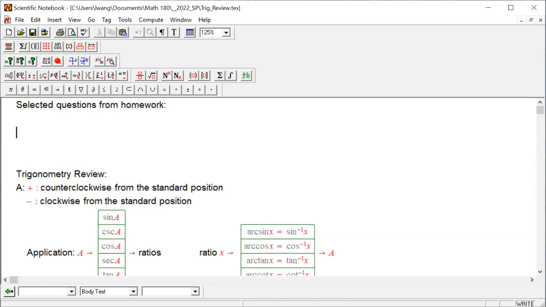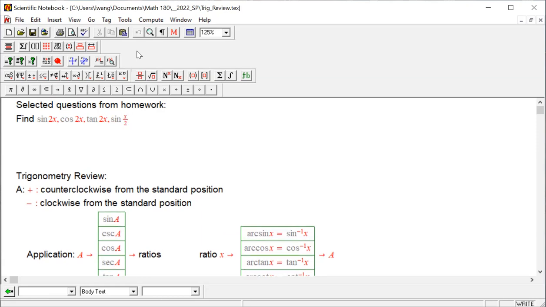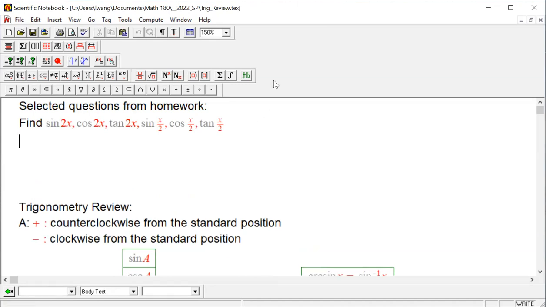The first question I would like to work on is this: we want to find the following: sine 2x, cosine 2x, tangent 2x, sine half of x, cosine half of x, tangent half of x, with some given information.